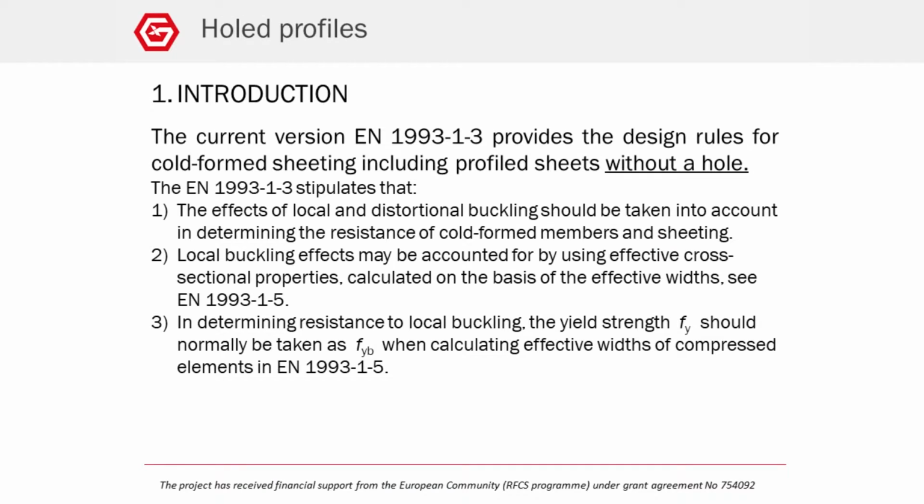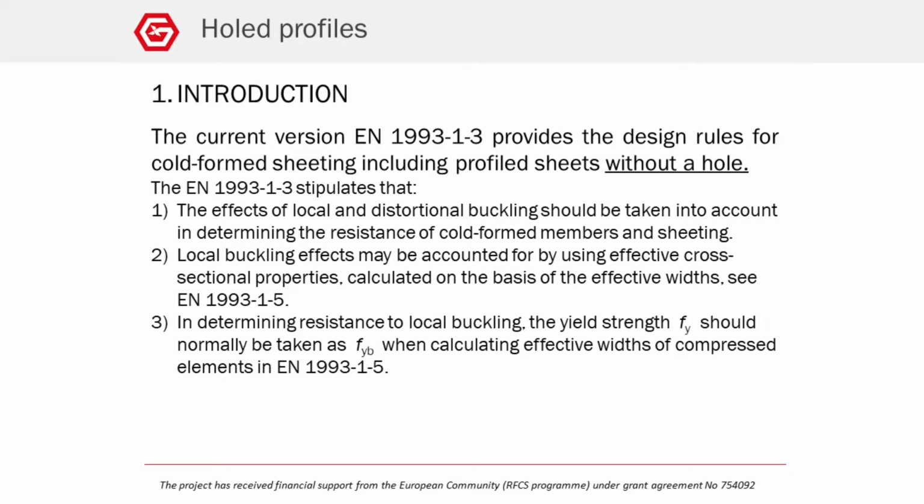The standard stipulates that the effects of local and distortional buckling should be taken into account in determining the resistance of cold form members and sheeting. Local buckling effects should be accounted for by using effective cross-sectional properties calculated on the basis of the effective width according to Eurocode 3 Part 1-5.